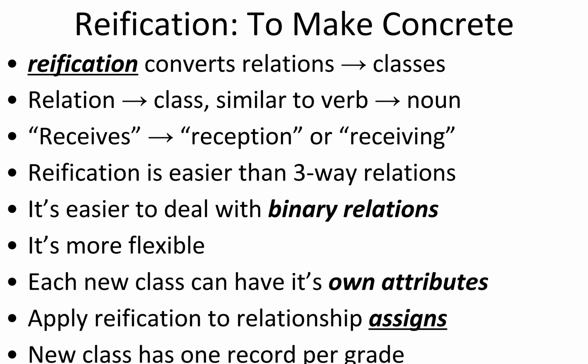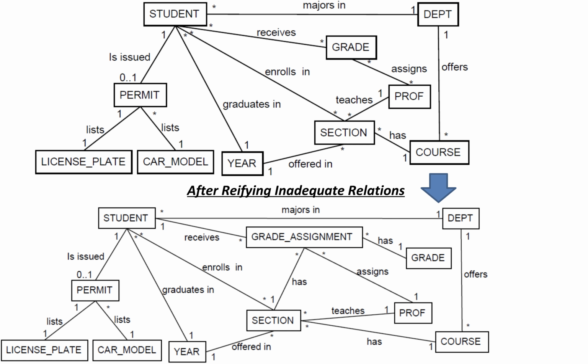We start thinking how we're going to reify this, how we're going to implement this in a concrete infrastructure. So here's one of the first major modifications that we're doing. We're taking the grade, the section, and the student, and replacing it with this three-way or even four-way relationship with the professor. So now we know who was teaching a particular section and what grade they gave the particular student in that section.